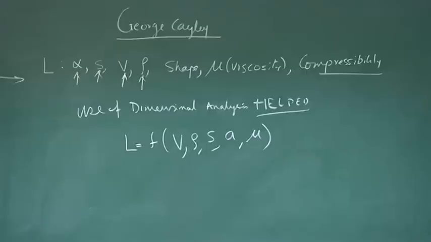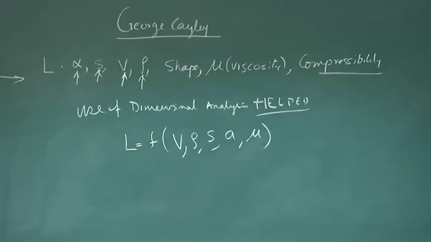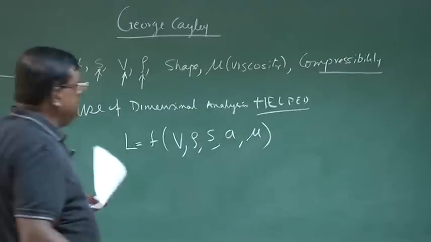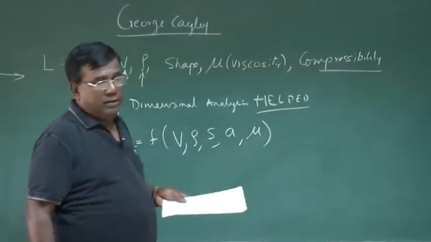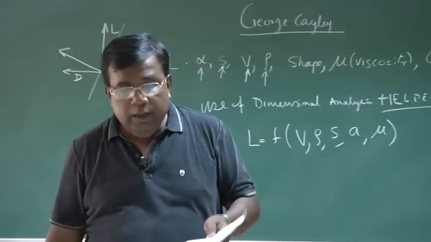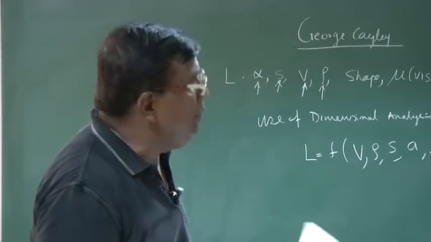That is, we are trying to address a question. It is fine, lift is proportional to angle of attack. But at a given angle of attack, it is also a function of so many other things. That model I am trying to capture. In doing that, we use the benefit of dimensional analysis.